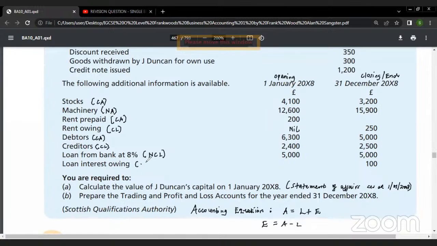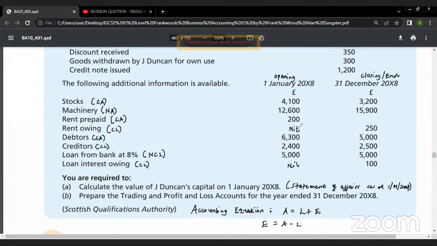This is a current liability, and at the start of the period, we have nothing. So I'll just get the total assets, both current and non-current, then minus the liabilities at the start of the period to come up with our opening capital as at 1st January 2008 for Duncan.